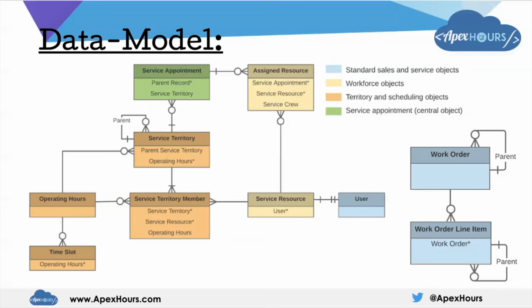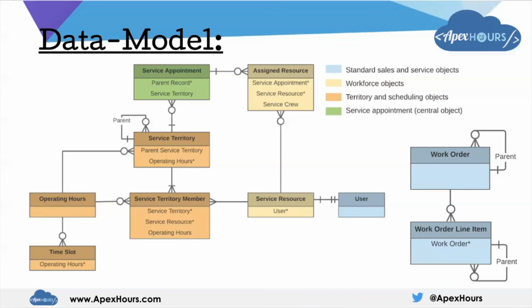A service resource represents an individual technician who can be assigned to a service appointment. You can also create service crews, which are none other than a group of service resources with complementary skills and experience that can be assigned to appointments as a unit.